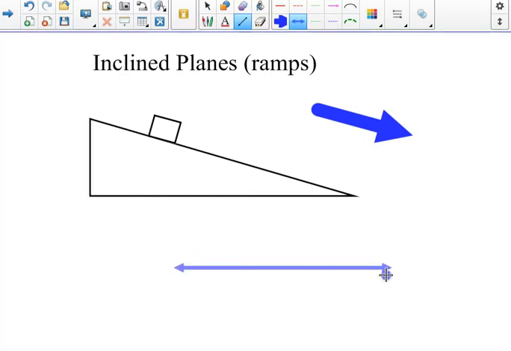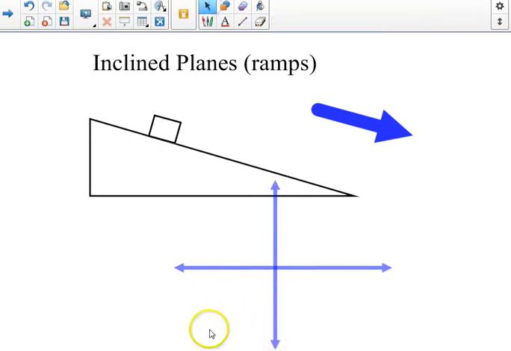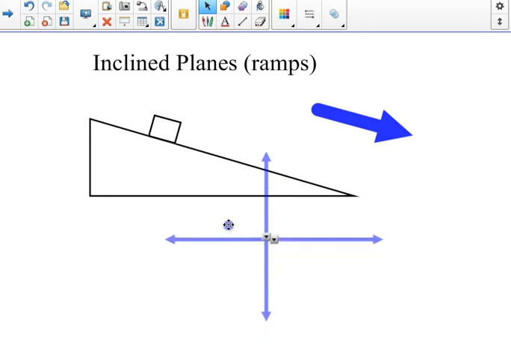So normally we have our x-axis and our y-axis, and they have to be perpendicular to each other. That's true. But there is no law that says the x has to be perfectly horizontal, or that the y has to be perfectly vertical. In other words, if I want, I can take these and turn them.